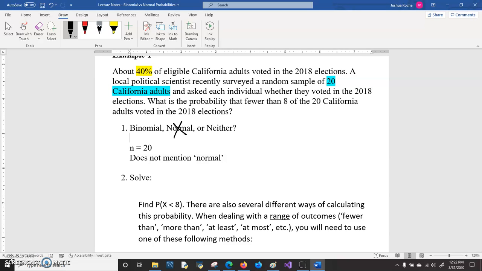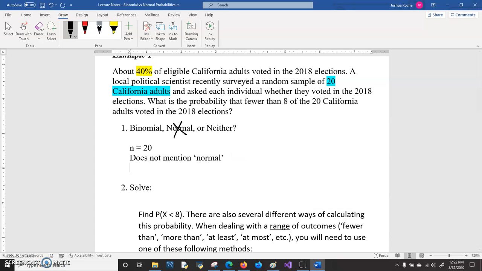On the other hand, the variable involved has only two possible outcomes.